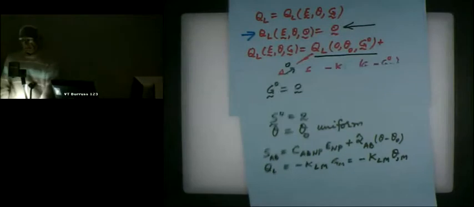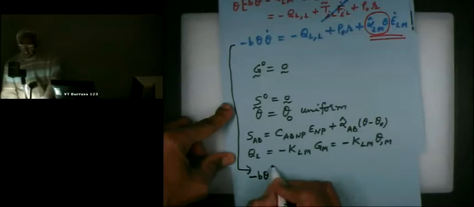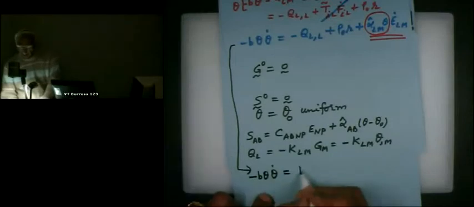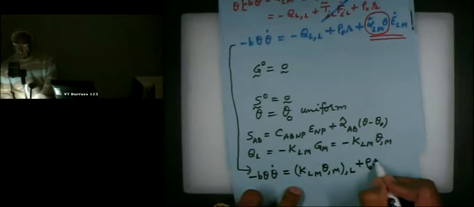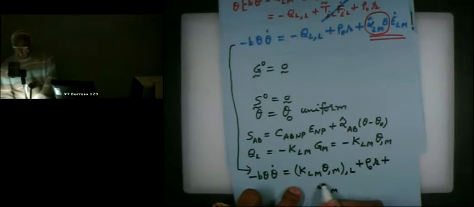Okay, so with this, what are our balance laws? So first thing we get from this equation is minus B theta dot equals K_LM theta comma M comma L plus rho_0 R plus alpha hat_LM theta E dot.